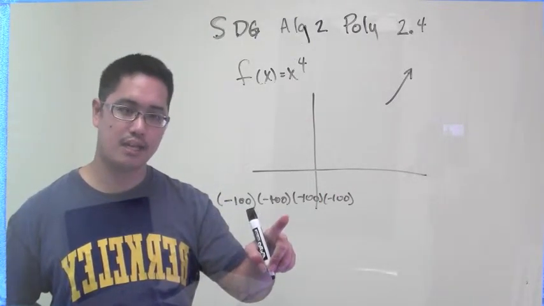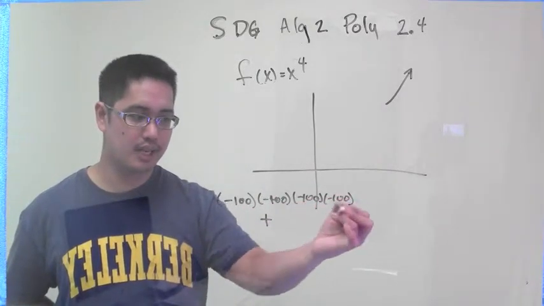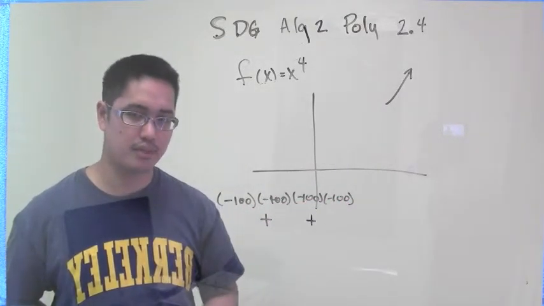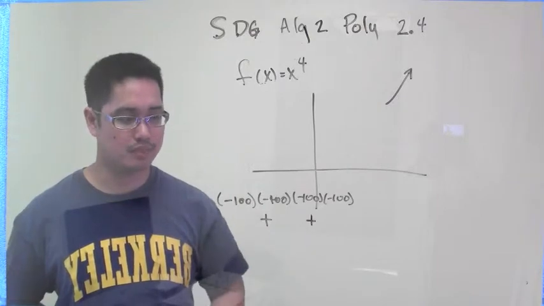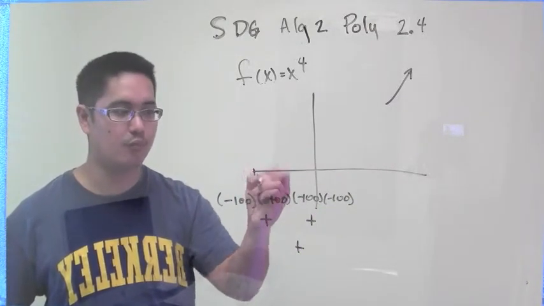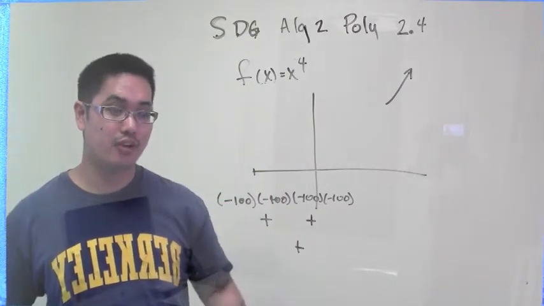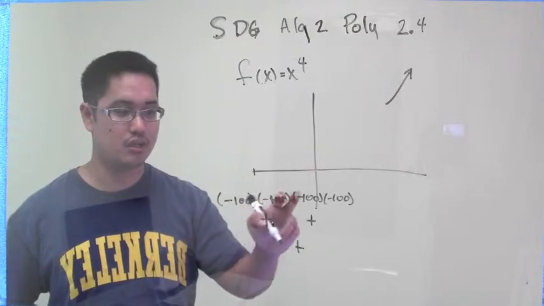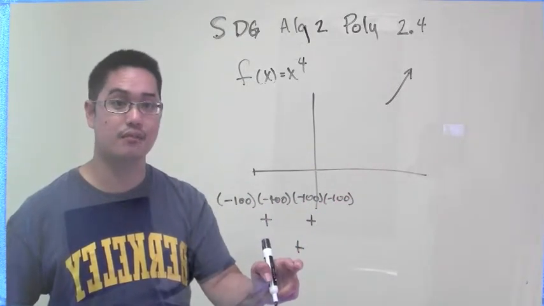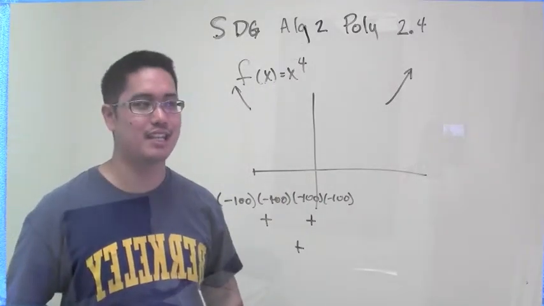This negative times that negative will give me a positive number. This negative times that negative will give me a positive number. And then these two positive numbers multiplied together will also give me a positive number. So even though I'm at x equals negative 100, way out on this left side, I'm going to get a very big positive number because it's 100 times 100 times 100 times 100. So it starts and ends in the same direction.